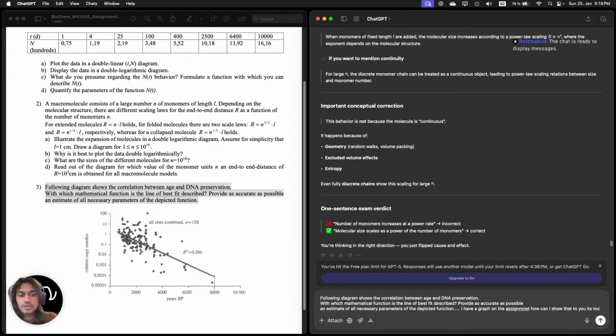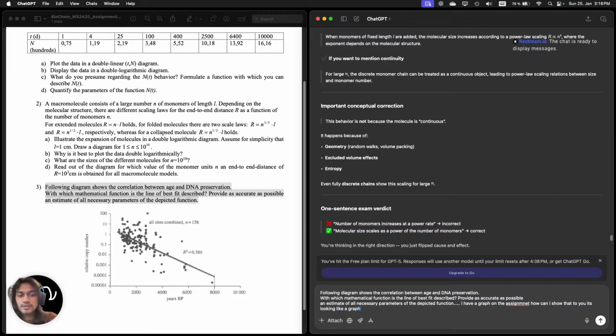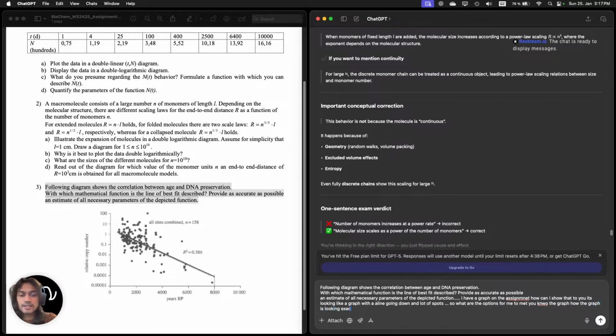It's looking like a graph with a line going down and a lot of spots. So what are the options for me to let you know how the graph is looking exactly?